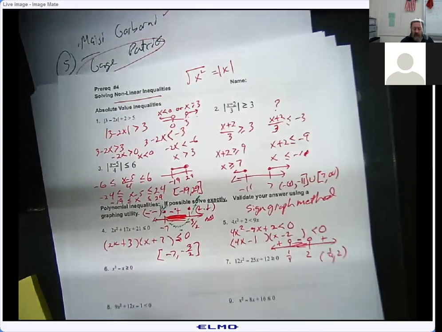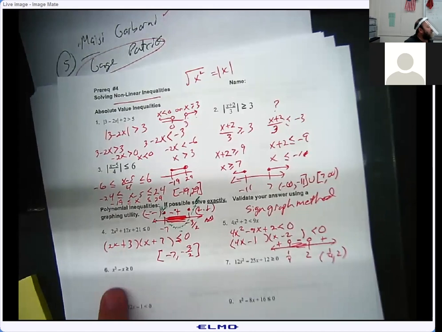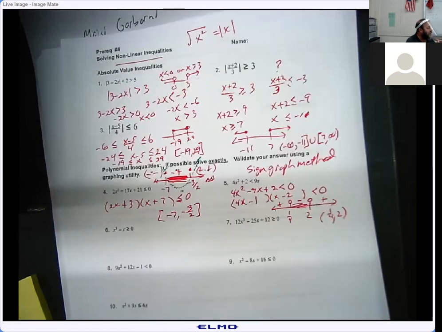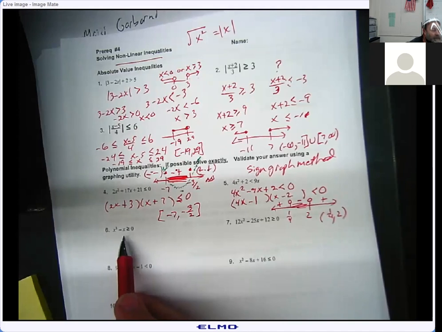Now, what makes this one a little tougher is, notice that cube? We suck at cubes. But the first thing you're supposed to do in all factoring problems is look for that greatest common factor. And what do these both have in common? These both have an X, don't they?